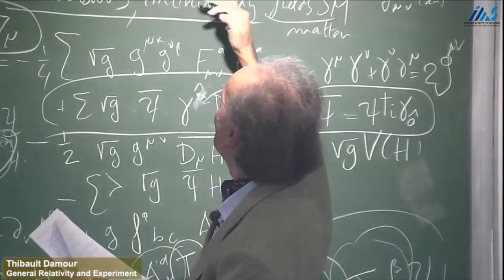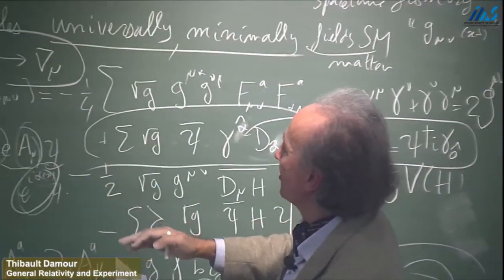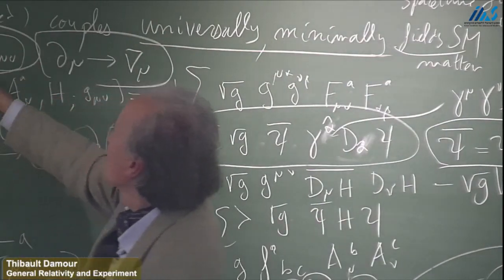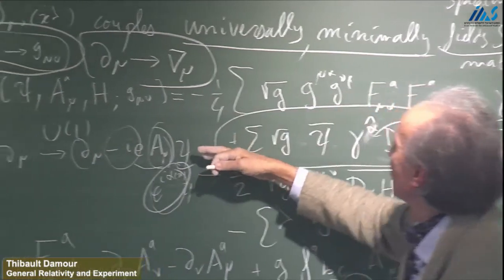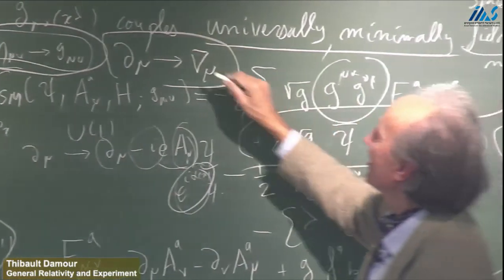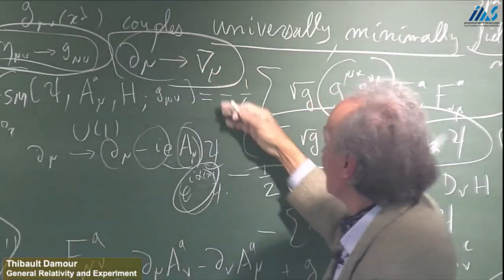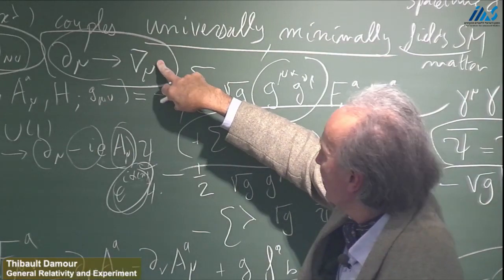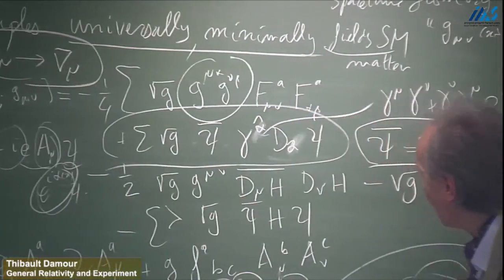There is a universal minimal coupling of gravity to the standard model, in the double sense that algebraically everywhere the special relativistic metric, when it appeared here algebraically like here, is replaced by g mu nu, and all the derivatives that appear in these terms have been replaced by these covariant derivatives, nabla mu, which was very important when acting on fermions.